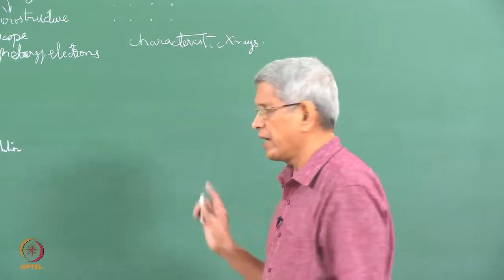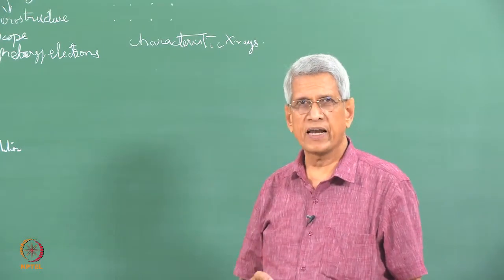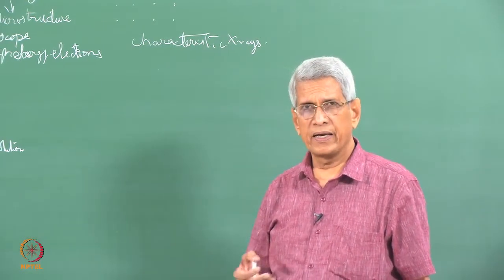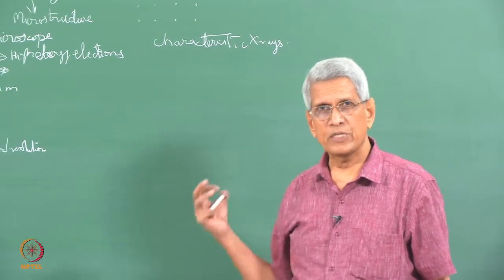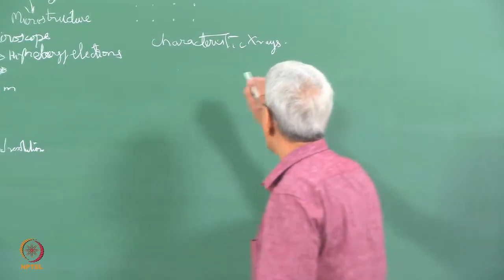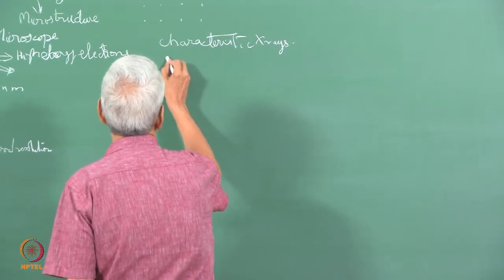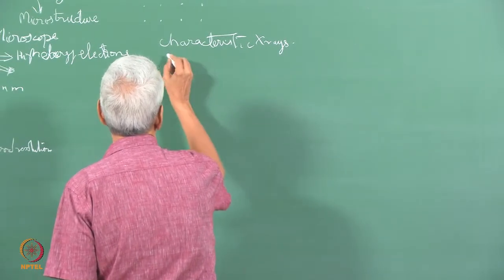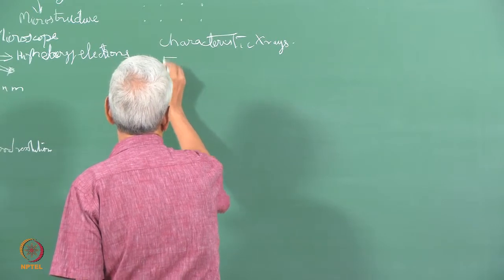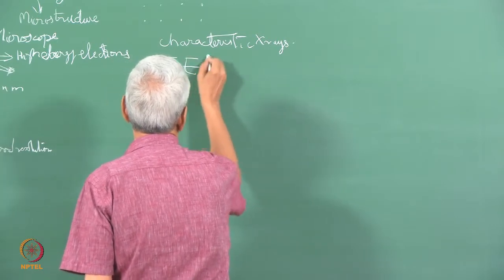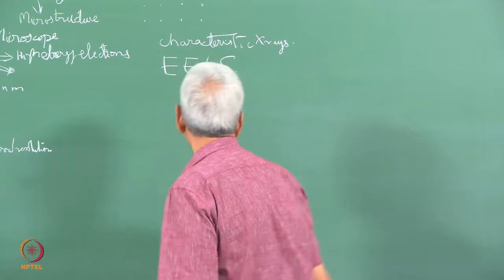So the energy lost by the incident electron is characteristic of the element present in the sample. This could also be used to get information about the chemical composition of the sample surface, and this technique is called electron energy loss spectroscopy.